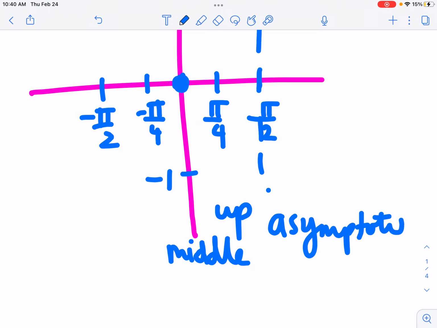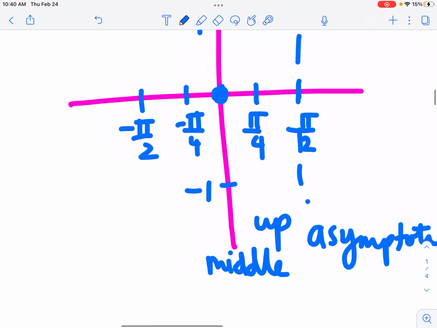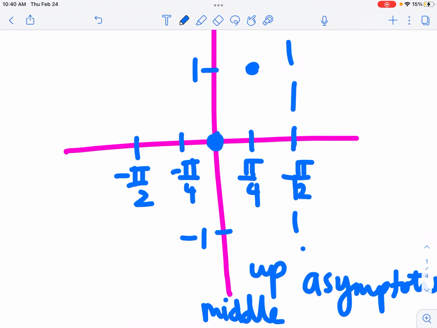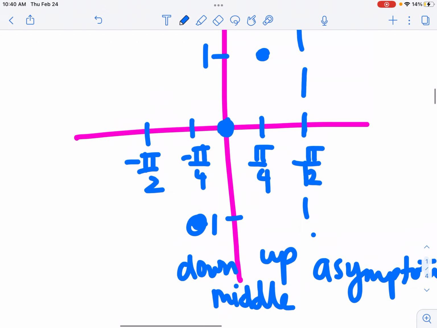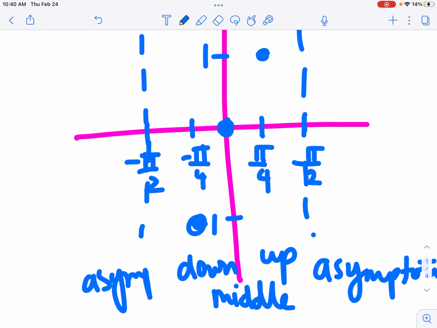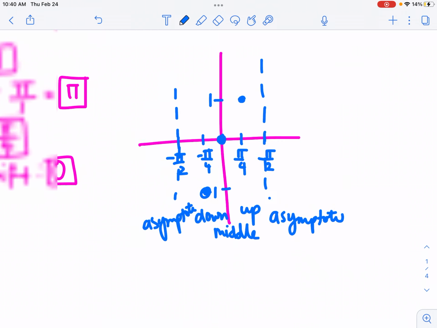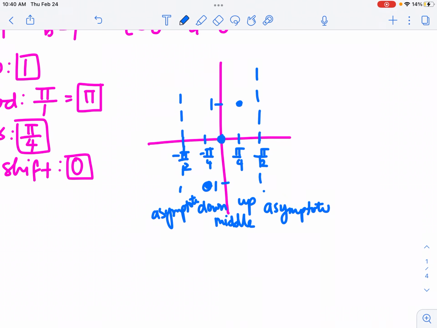That's the right side pattern. The left side, if you're at the middle, you go 1 step over, you go down. All right, and then 1 step over, asymptote. Okay, and that's the pattern.